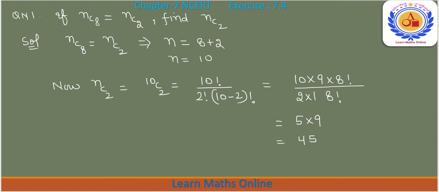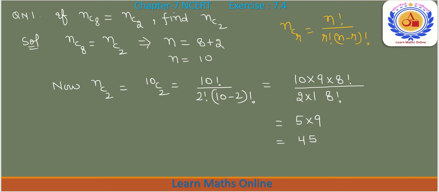So now we can calculate the value of nC2, that is 10C2, by applying the formula nCr is equal to n factorial over r factorial into n minus r factorial. Very easily we can calculate 10C2: 10 factorial over 2 factorial into 10 minus 2 factorial.